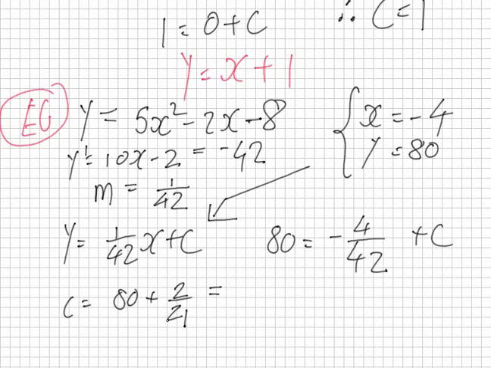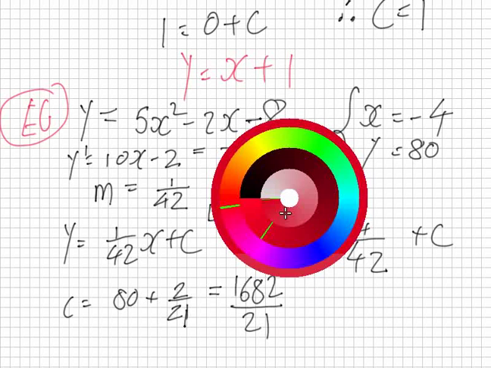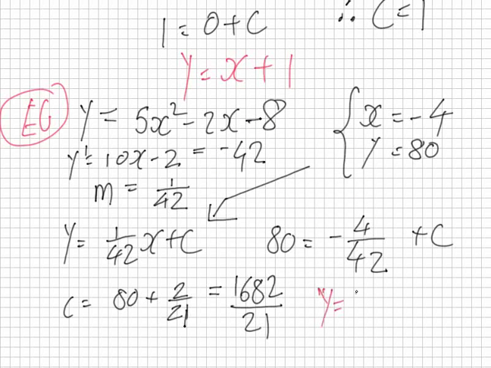No. Give it to me as a fraction. What is it? 1682 over 21. Great. So that's the answer now. You got your m and you got your c. So you have y equals 1 over 42 x plus 1682 over 21.